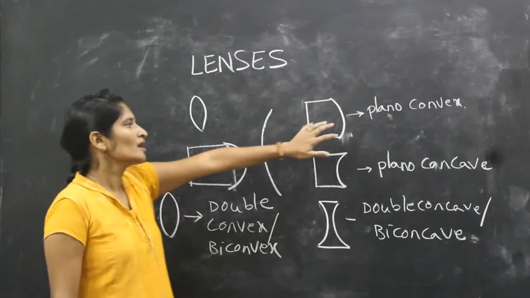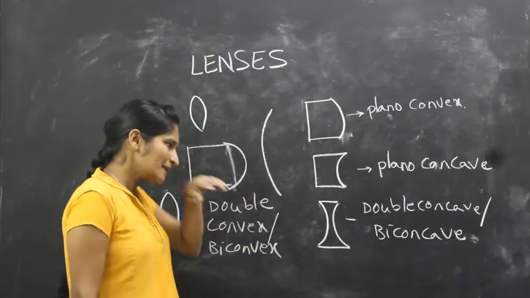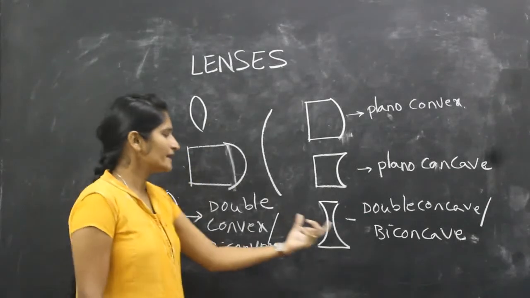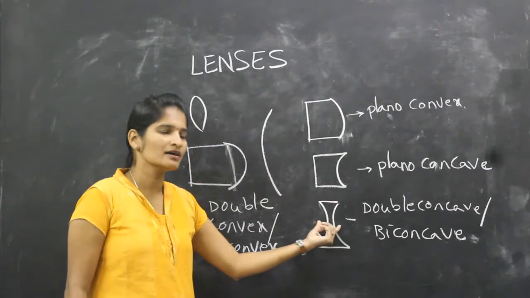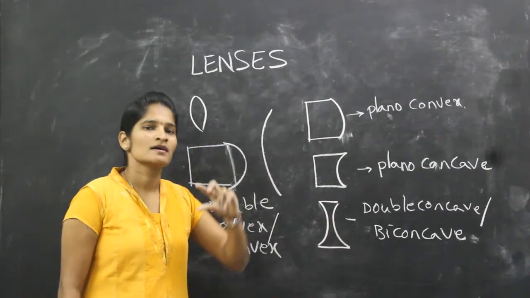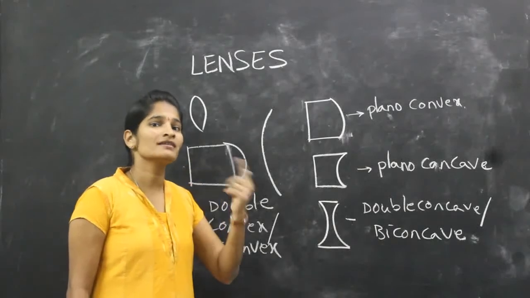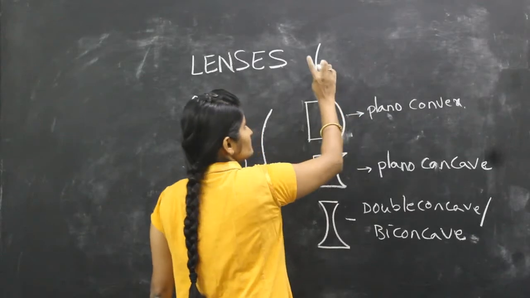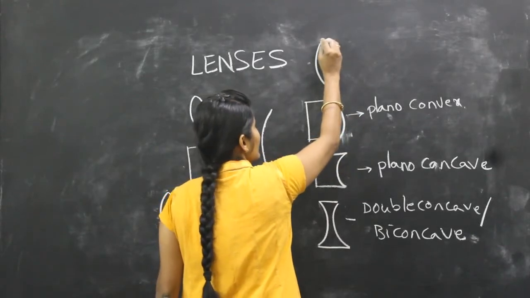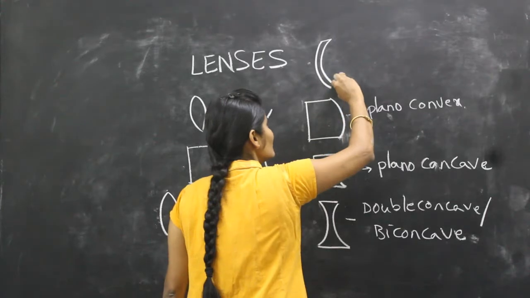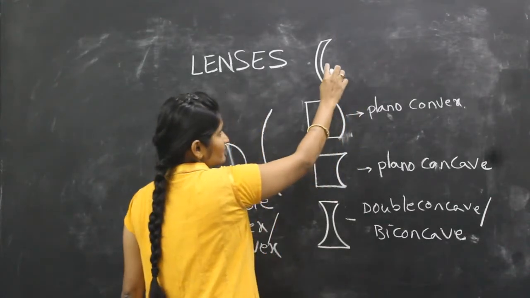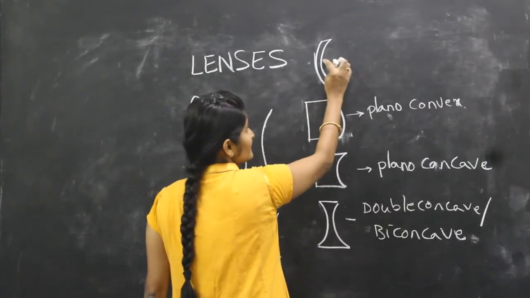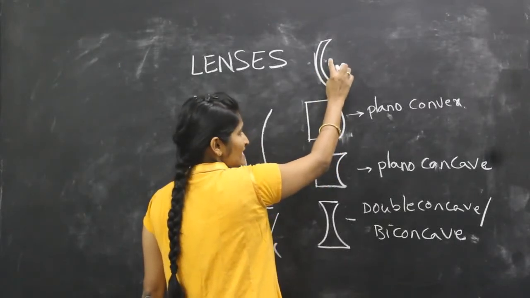Here we have mixed concave and convex. Here I have mixed both surfaces with convex, and here both surfaces with concave. Now if I mix concave with convex, this surface is a convex surface and this side is a concave surface.